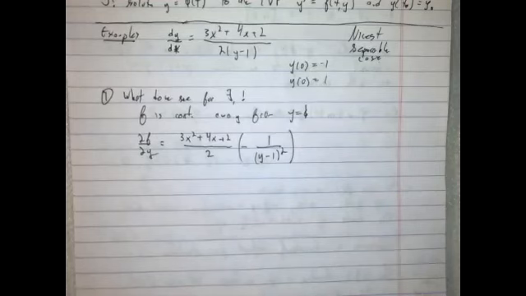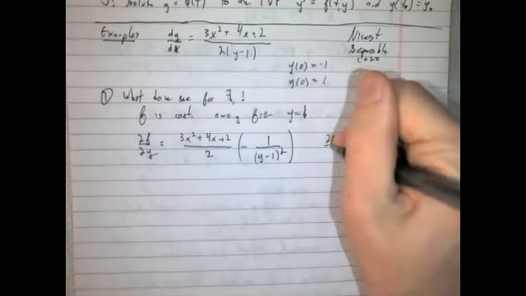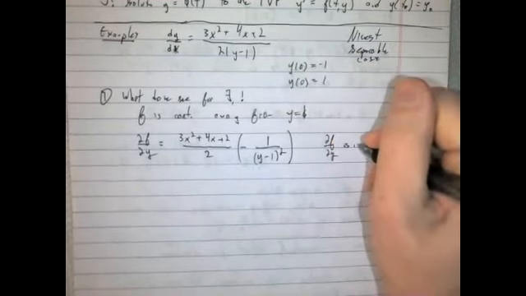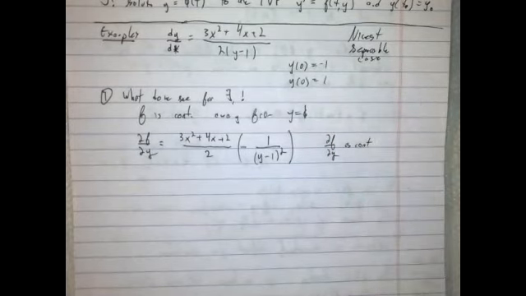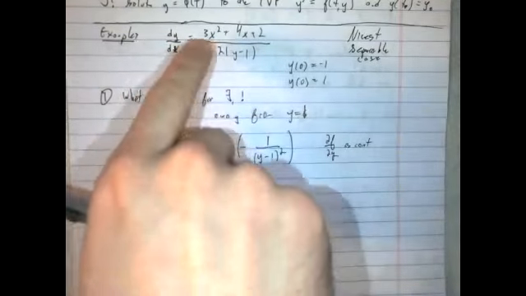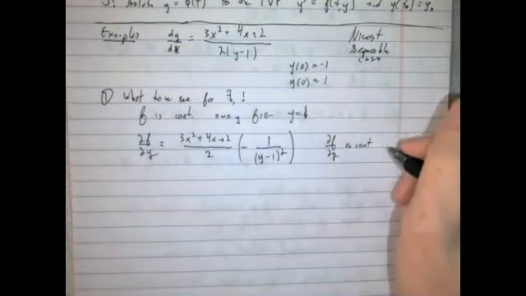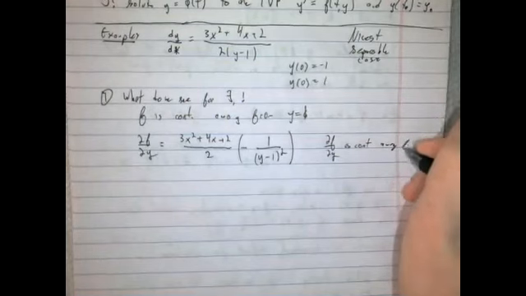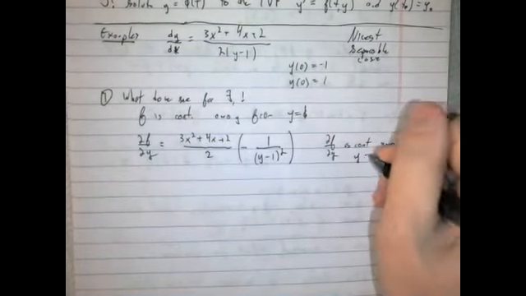Okay, where is this function continuous? Everywhere except y equals 1. Yeah, exactly. It ends up giving you the exact same answer as you had up here. It's continuous away from y equals 1.